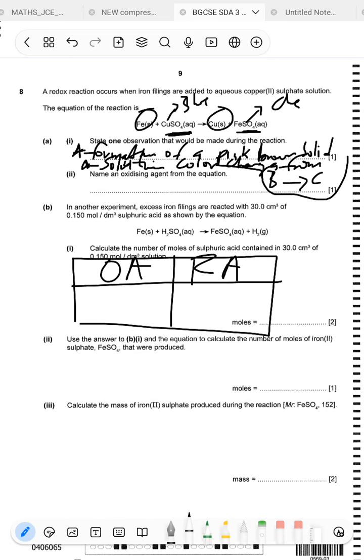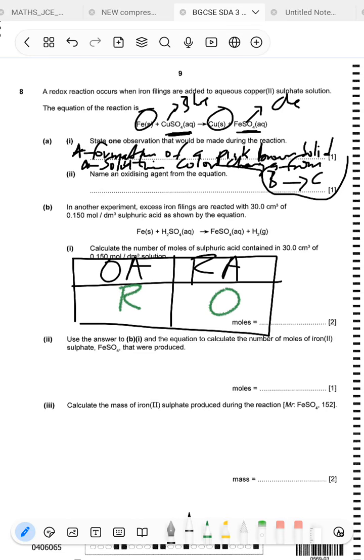I'm just using the initials: OA for oxidizing agent, RA for reducing agent. Oxidizing agents are reduced and reducing agents are oxidized. It's like you're swapping them. This is the best way to remember it for those that have a hard time remembering the difference between oxidizing agents and reducing agents.